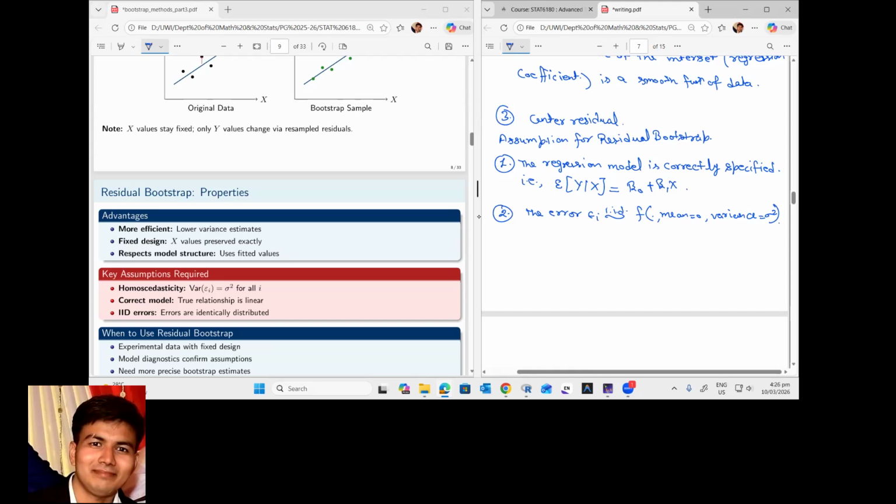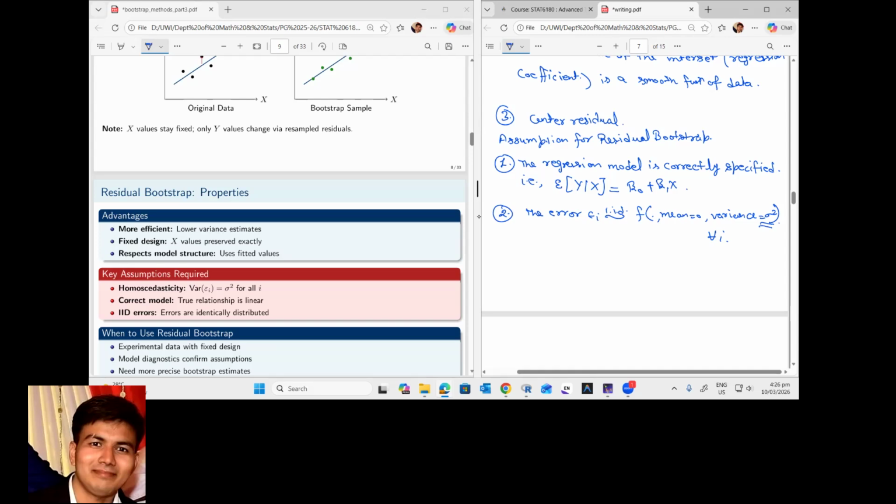So the limitation of this model is that if the errors are heteroscedastic, meaning the variance is not constant for all epsilon_i, then this will be invalid, because the variance of epsilon_i may depend on x_i, and randomly reassigning the residuals will destroy the dependency.